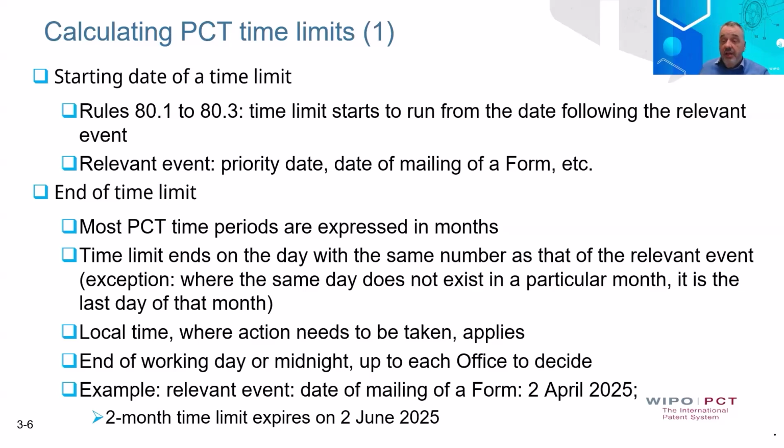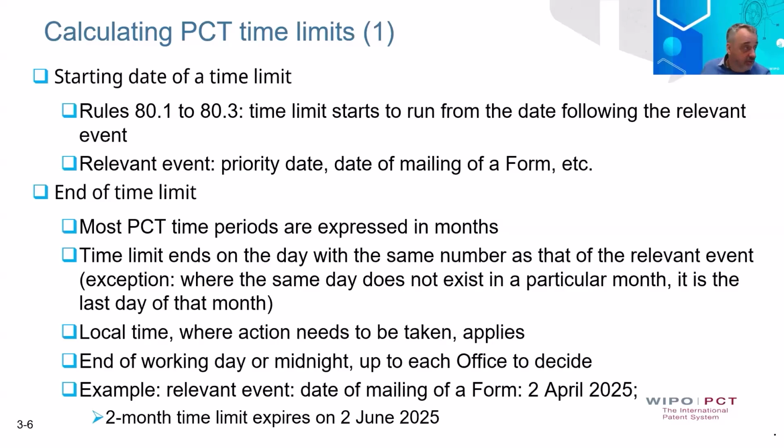So what's the new priority date if a priority claim is withdrawn? I guess it depends on the case. If you have multiple priority claims, then it would be the next earliest priority claim, which determines the priority date. And if it's a single priority claim that you're withdrawing, then the international filing date would become the priority date. So very critically, only time limits which haven't already expired at that point would be recalculated.